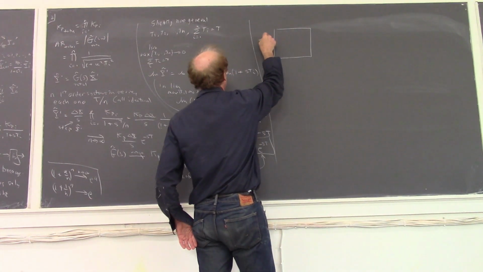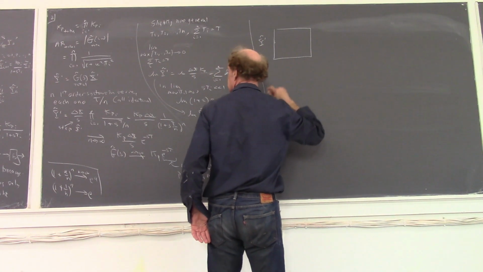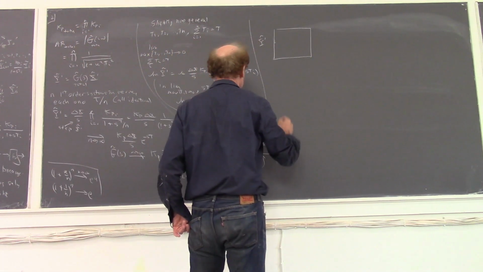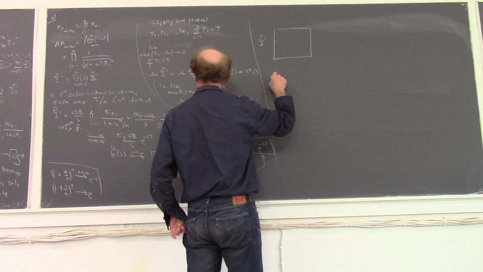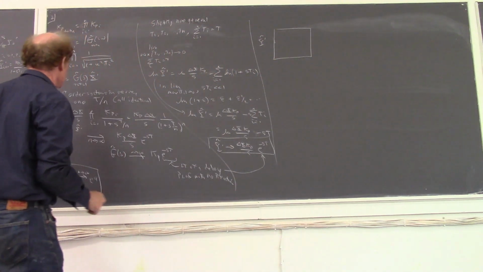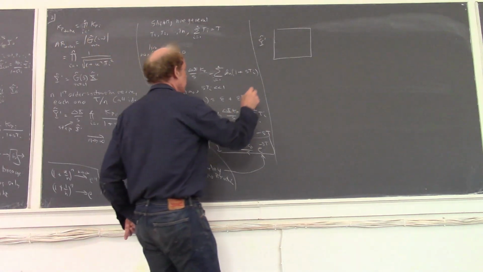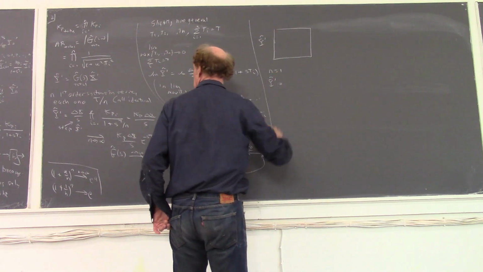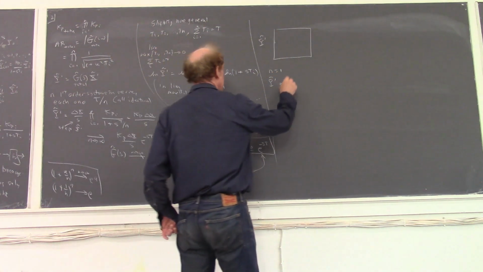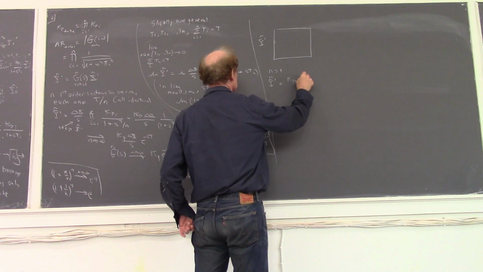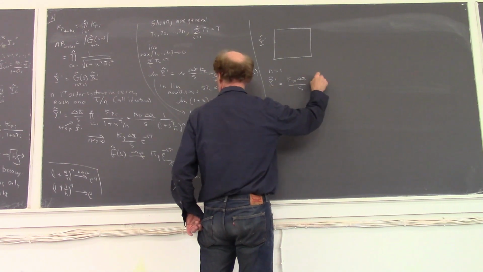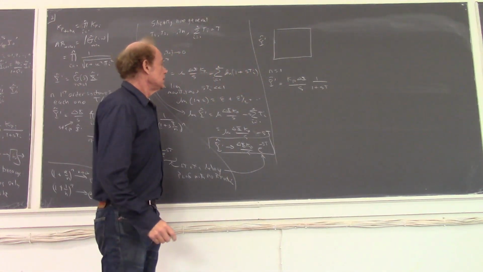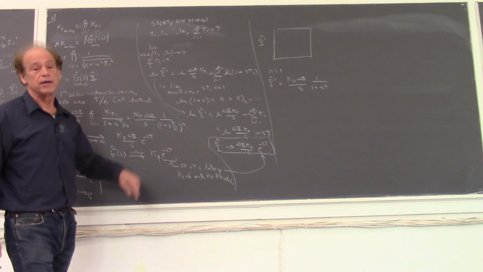Here I'm going to plot y prime tilde versus, well, we'll see what in a second. When n is equal to 1, then y prime tilde is equal to kp delta x over s times 1 over 1 plus s. Here I've just plugged in n equal to 1.